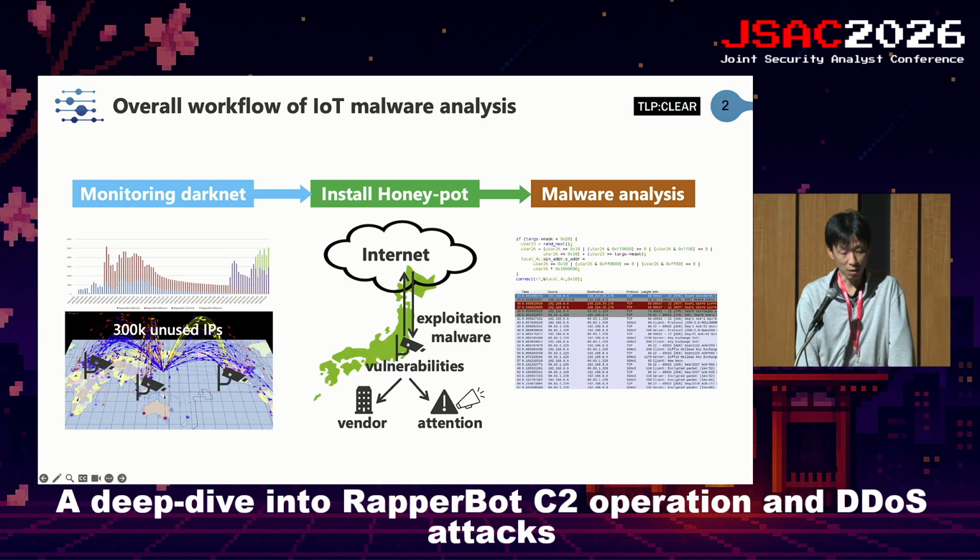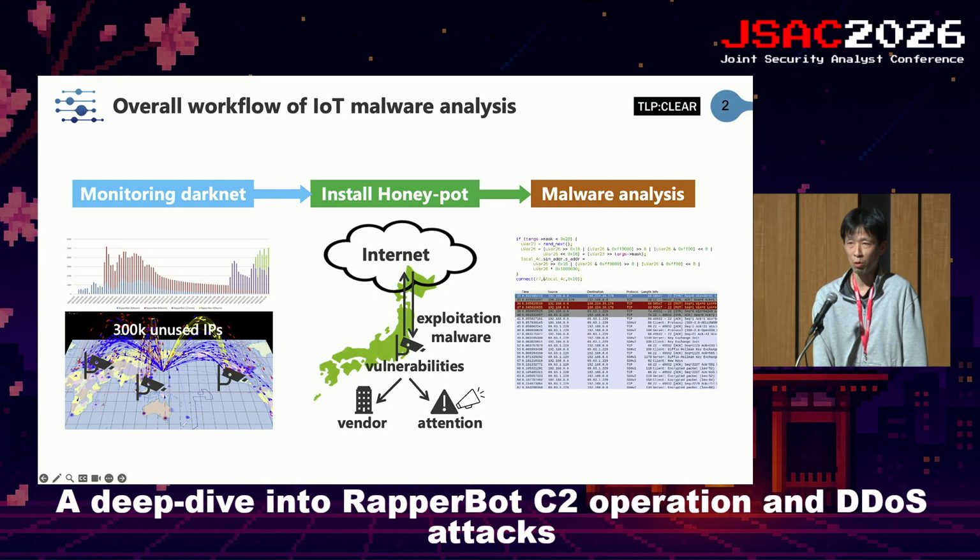Day in and day out, we monitor darknets, and we look at the IP addresses which are not used, and there are about 300,000 of them. When we understand that a certain device is compromised, then we set up the device's honeypot.